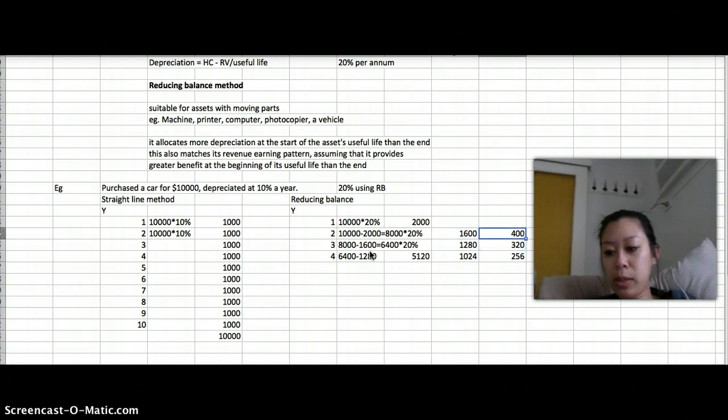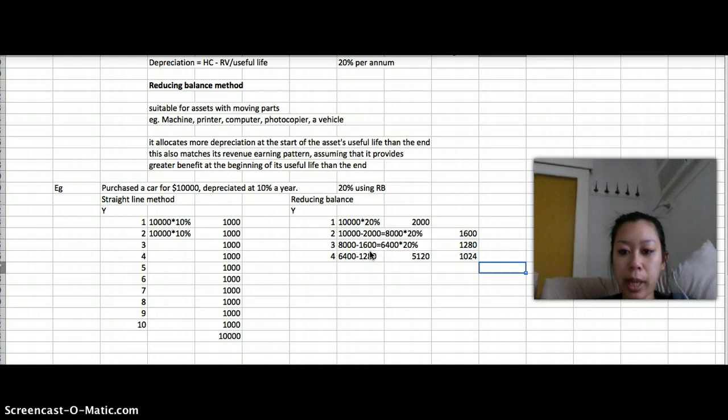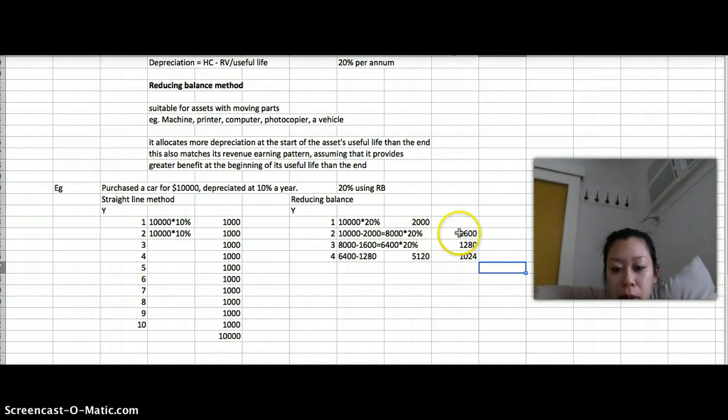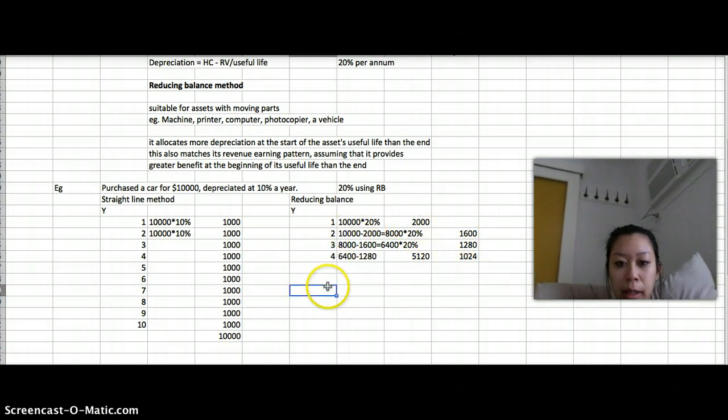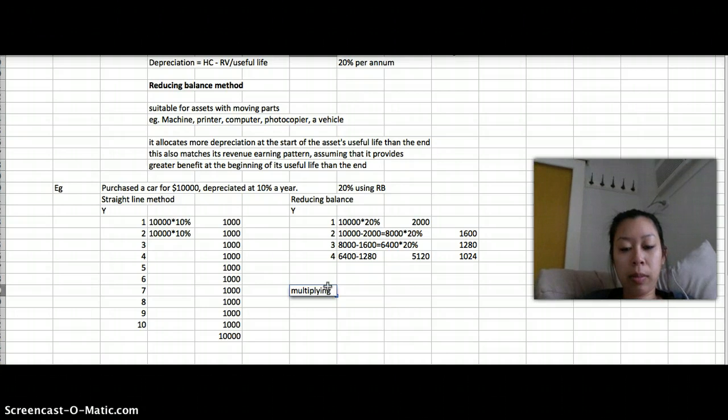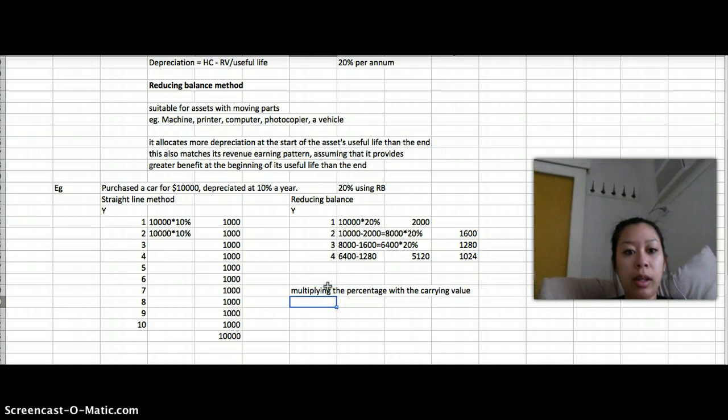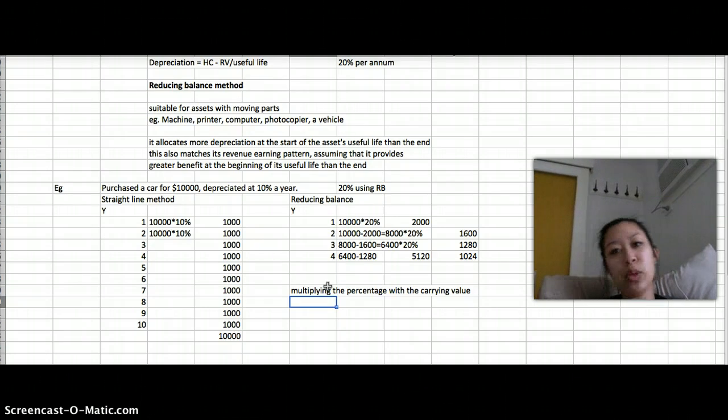I don't think the pattern's working, but that's how you do it. You keep going with the carrying value and you keep going all the way down, multiplying the percentage with the carrying value. So I've covered the key differences between depreciation, reducing balance, and straight line, and I'm going to end this video. In the next video, I'm going to do an example with you.